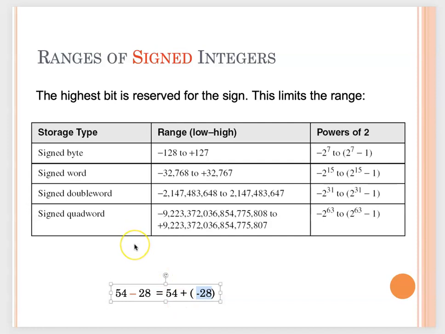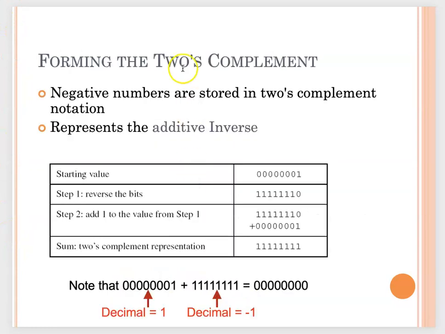So the most important thing is we want to show you how to represent negative 28 in the binary system. Because so far, all the numbers we talked about converting from decimal to binary were only positive numbers. So, how do you represent negative 28? Instead, I want to show you negative 1.